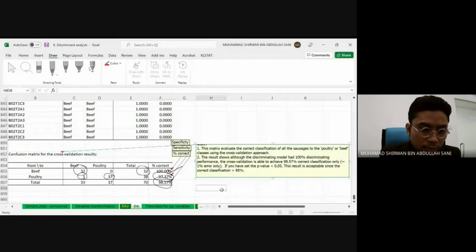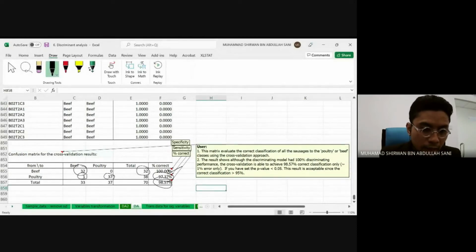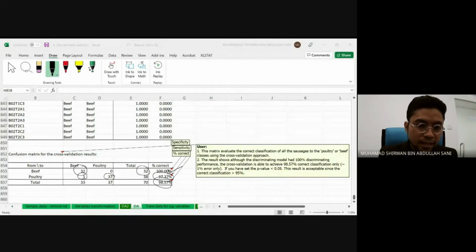now we want to try how about if we select only variables with p-value less than 0.05 from the transform datasheet.